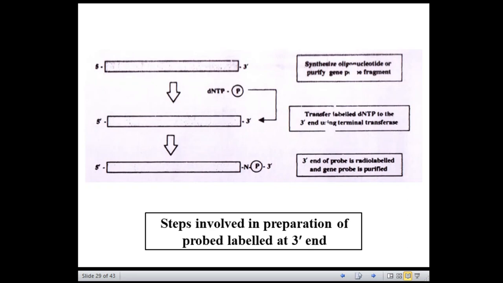This is clearly shown in the figure. Although this reaction is very simple, there exists a problem. The reason for this problem is that a new nucleotide is being added to the existing sequence, so that alters the complete sequence of the DNA.